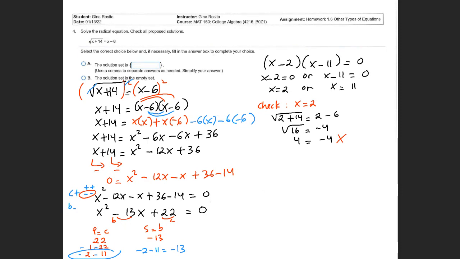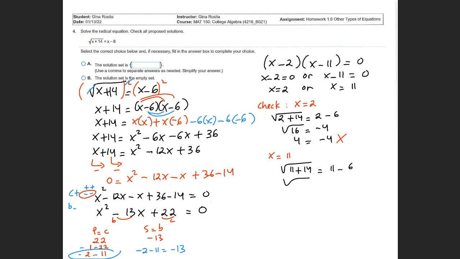Now go to x equals 11. We have to check one by one. Be careful with the square root. Check for x equals 11. Now we replace x with 11. Square root of 11 plus 14 equals 11 minus 6.